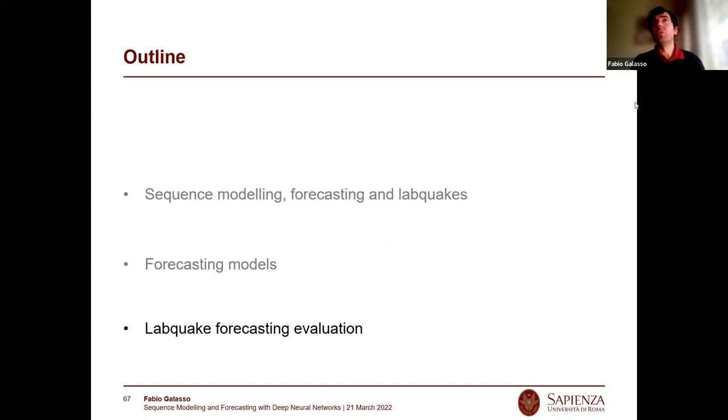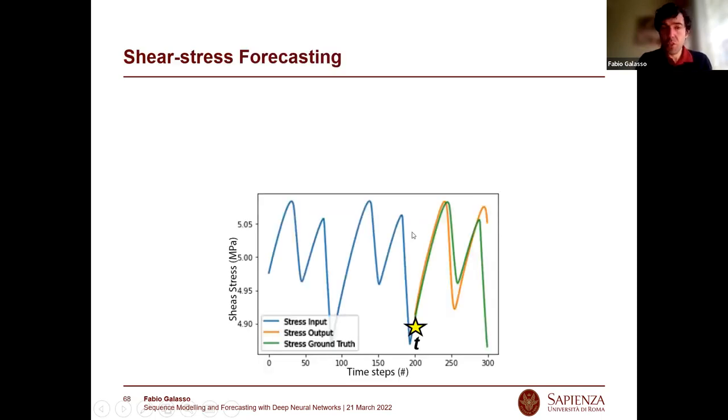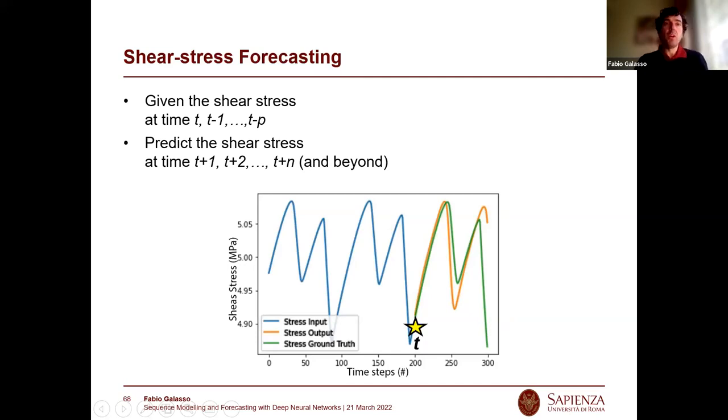All right, so let me see. Okay, I'm now going to be showing some experiments with the shear stress. We're predicting the shear stress.